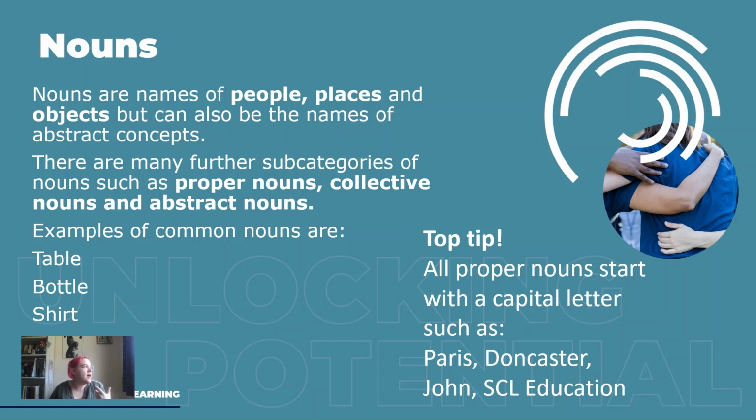If you think of Superdrug has a capital S, Apple, Amazon, eBay, everything like that, all companies should, when you're writing about them, start with a capital letter because it is the name of a specific company, a specific person, a specific place. So that's it. Nouns are names of things. Either common nouns, names of objects, or proper nouns, names of people, places, and companies.